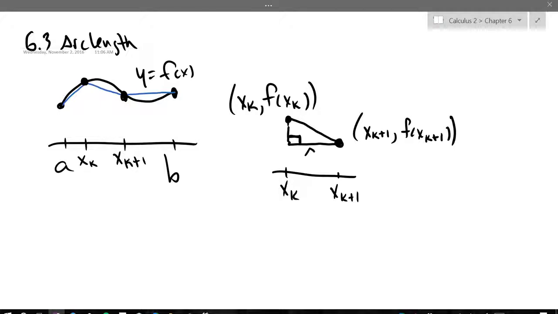We're going to call this side delta xk, for the change. How much did x change from k to k plus 1? And call this side delta yk. So delta just means the change in y's, and delta xk the change in x's.